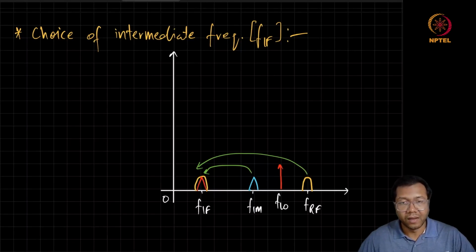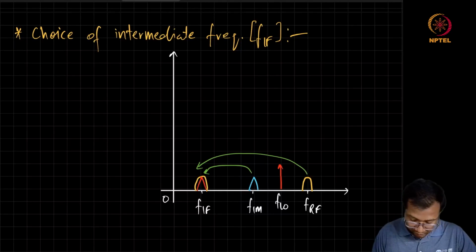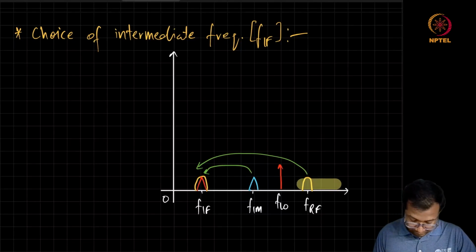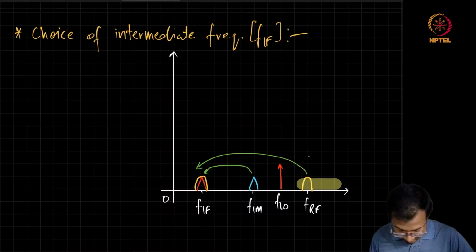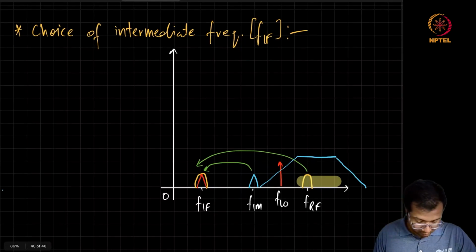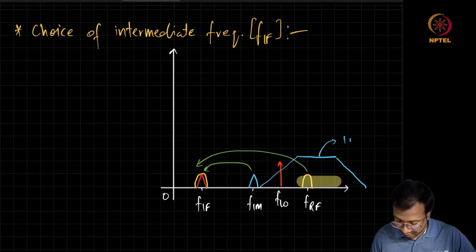Now, if we want to design the image reject filter, we can see that the image reject filter has to pass the entire band while attenuating the image signal.